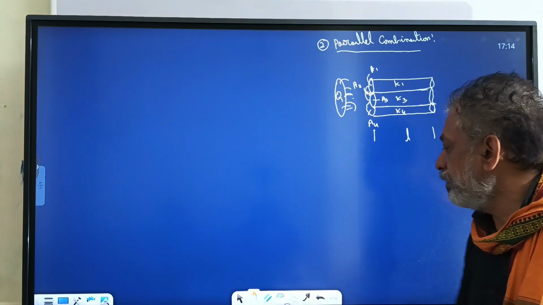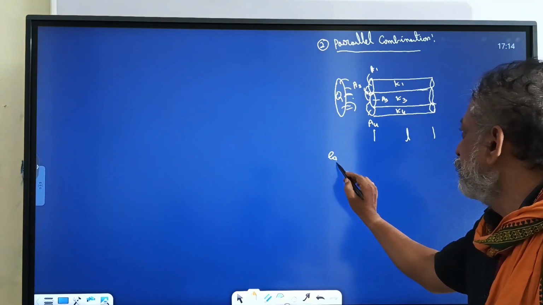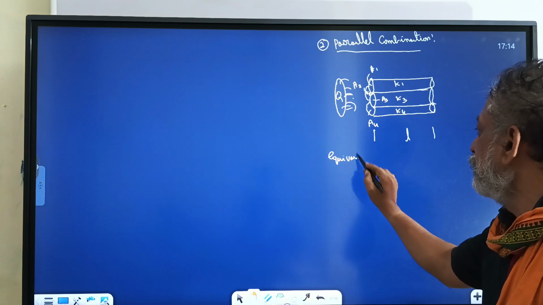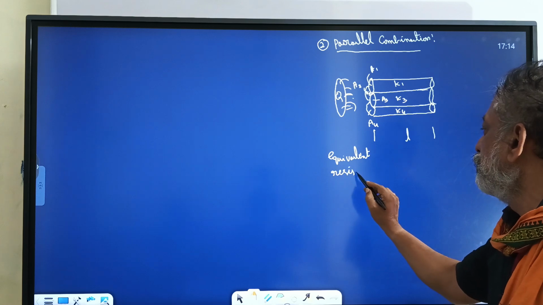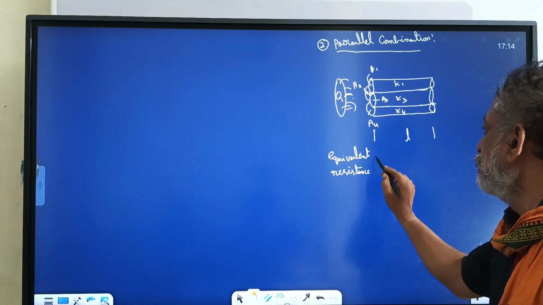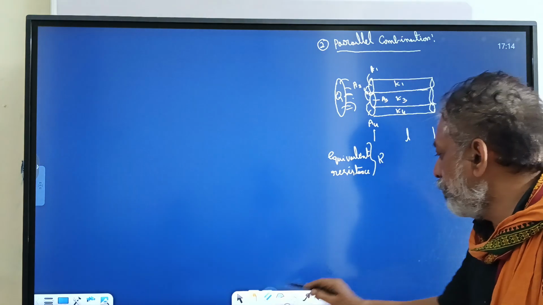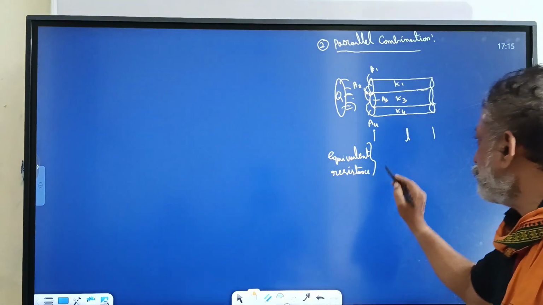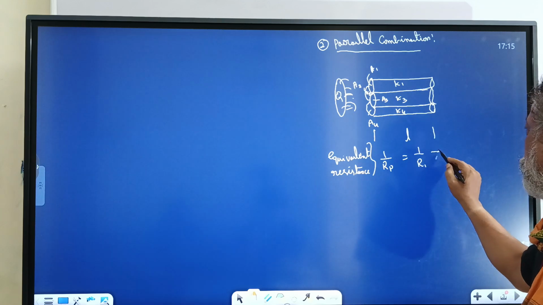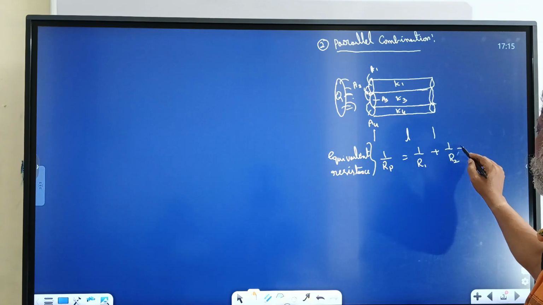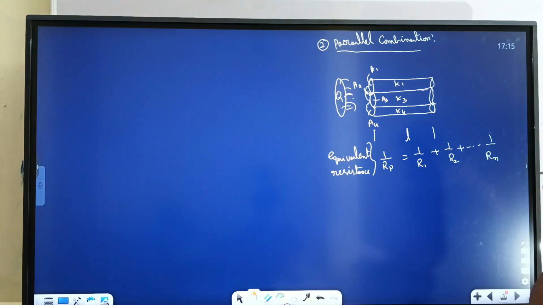Now, thermal resistance in parallel is given by the equivalent resistance: 1 by RT is equal to 1 by R1 plus 1 by R2 plus up to 1 by Rn, as all of you know.